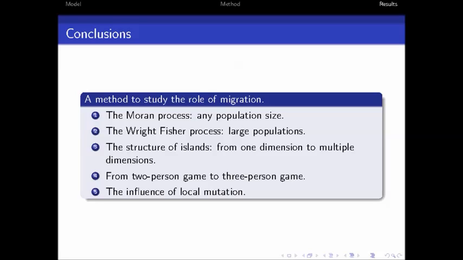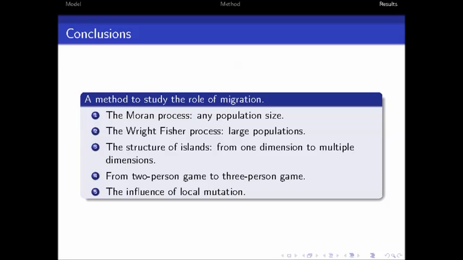Let's come to the end. I will make a conclusion of my report. I provide a new method to study the role of migration, and there are 5 points to be observed. Point 1.